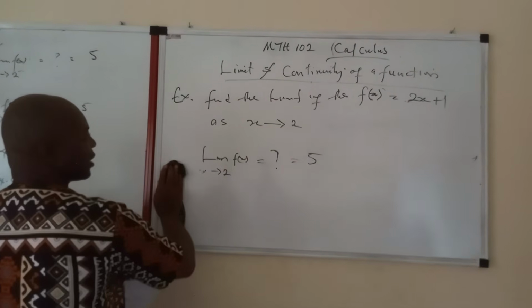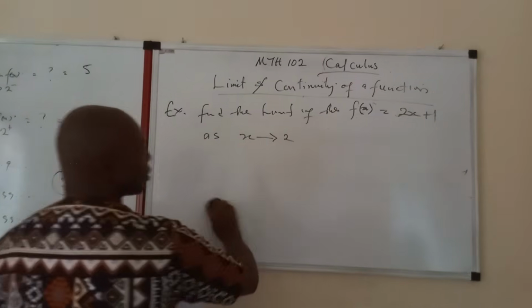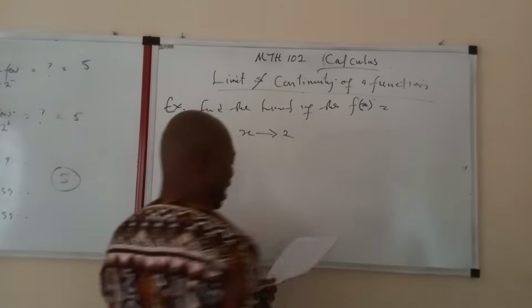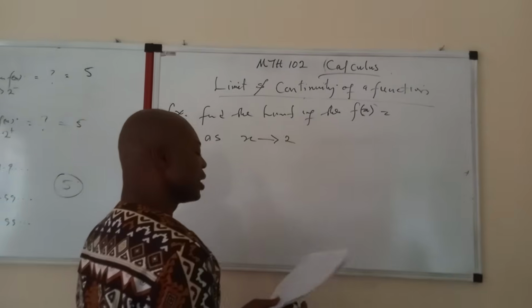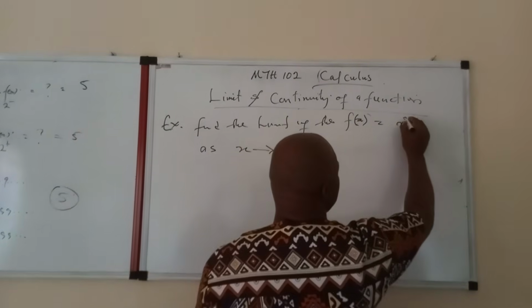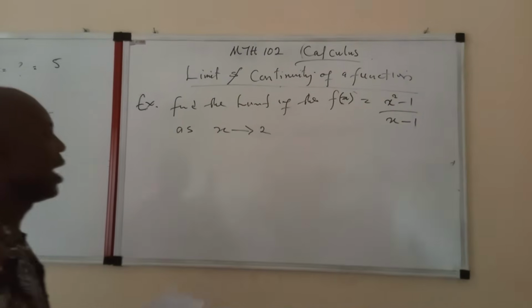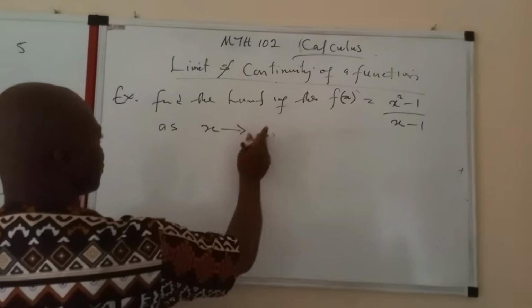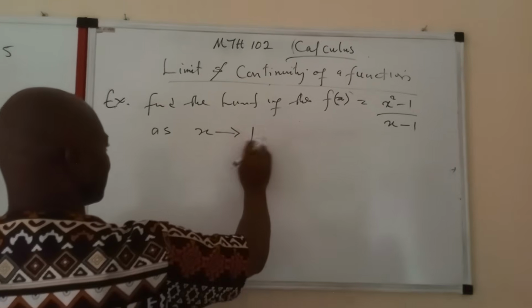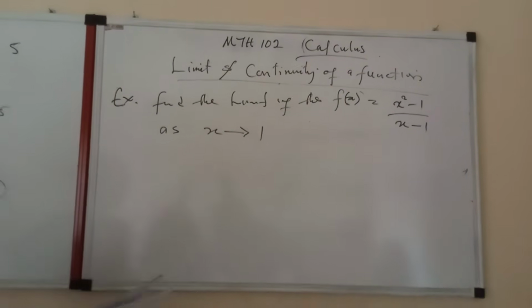Now let's consider another one, where the function that we have is x squared minus 1 all over x minus 1, as x tends to 1 but not equal to 1.